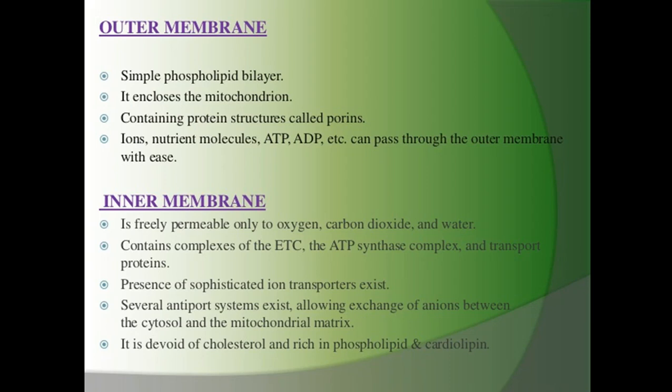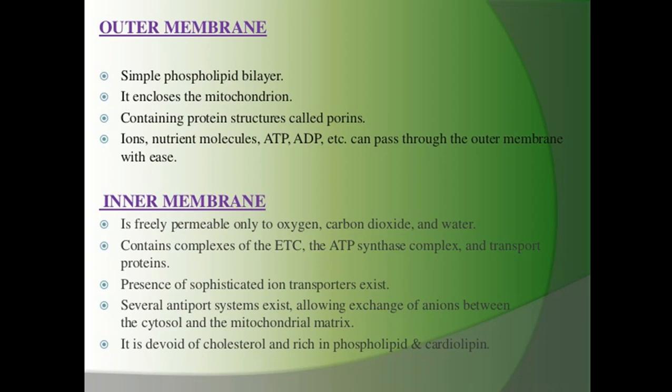Ions, nutrient molecules, ATP, ADP, everything can pass through the outer membrane with ease through these porins, which are nothing but protein channels. Because the mitochondria requires these things, ions, nutrients, ATP, ADP, in order to undertake cellular respiration, and they should come from the cytoplasm. How can they come inside the matrix? That is through these protein openings, known as porins.